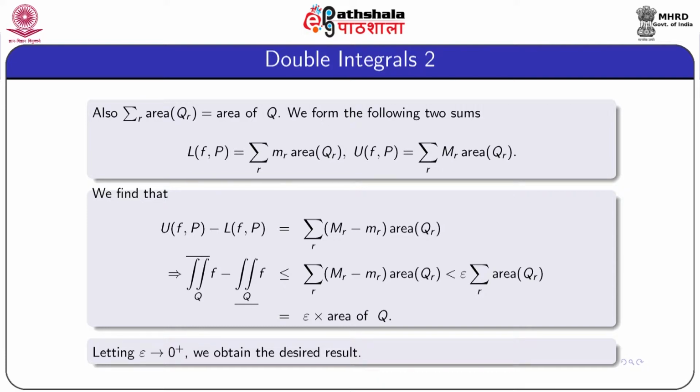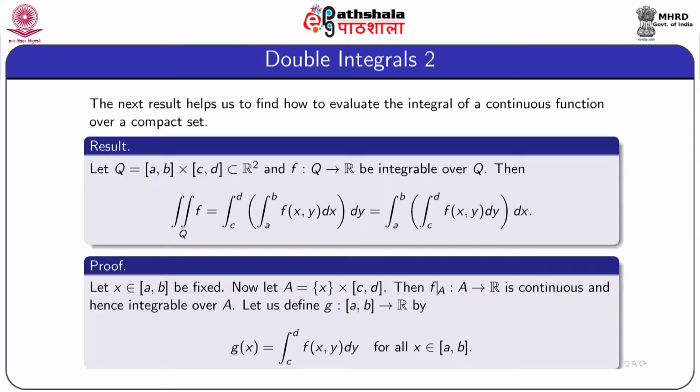We find that U(F,P) minus L(F,P) equals summation over R of (M_R minus m_R) times area Q_R. This implies the difference between the upper and lower integral of f over Q is less than or equal to summation over R of (M_R minus m_R) times area Q_R, that is less than epsilon times area of Q. We obtain the desired result by letting epsilon tend to 0 plus.